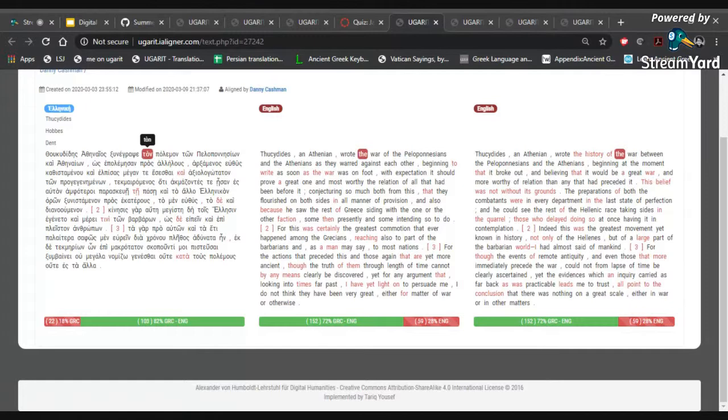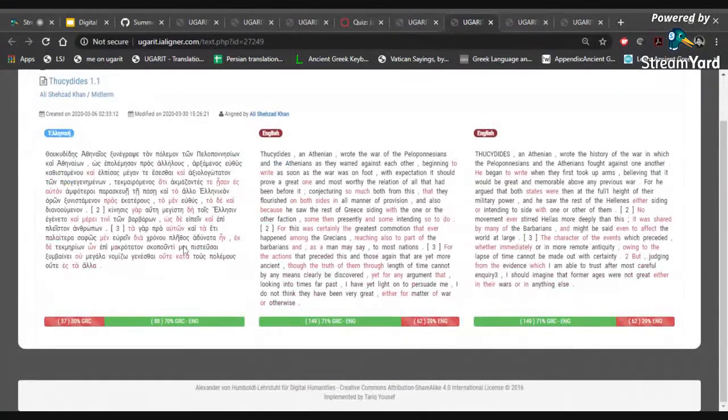Of course, we don't have a definite article in Persian, but I would also like to mention that the learner who did this alignment was originally an English speaker, whereas for the two other examples I have, I think English is not their mother tongue. I find it interesting that in this alignment, we have ton polemon and the war as one segment.